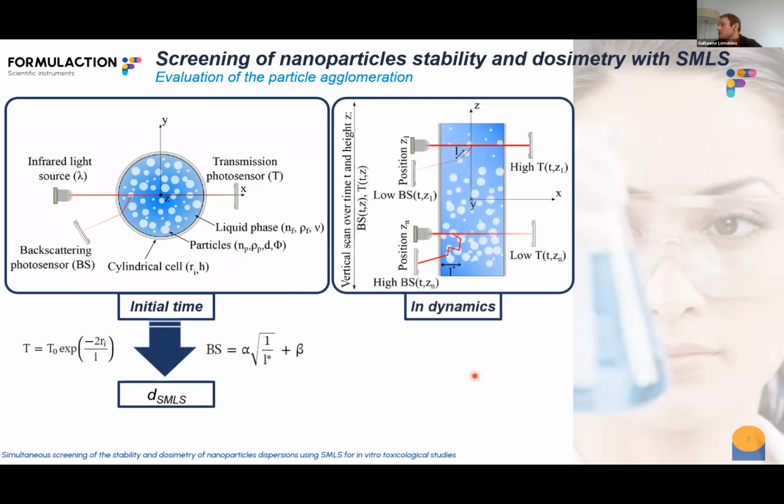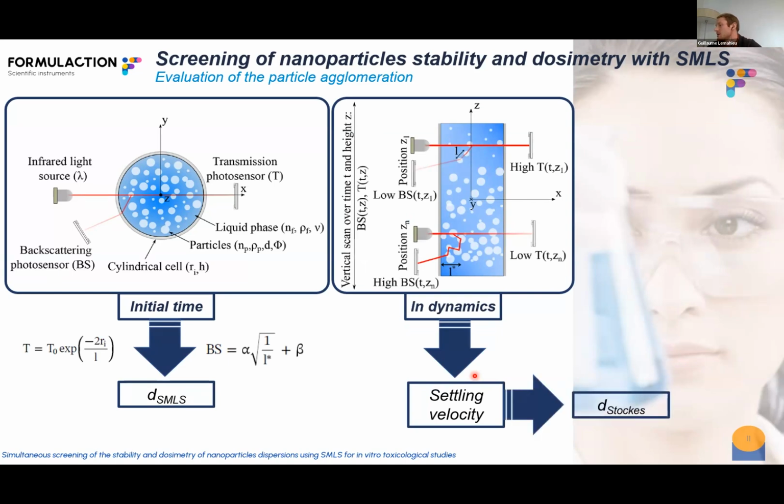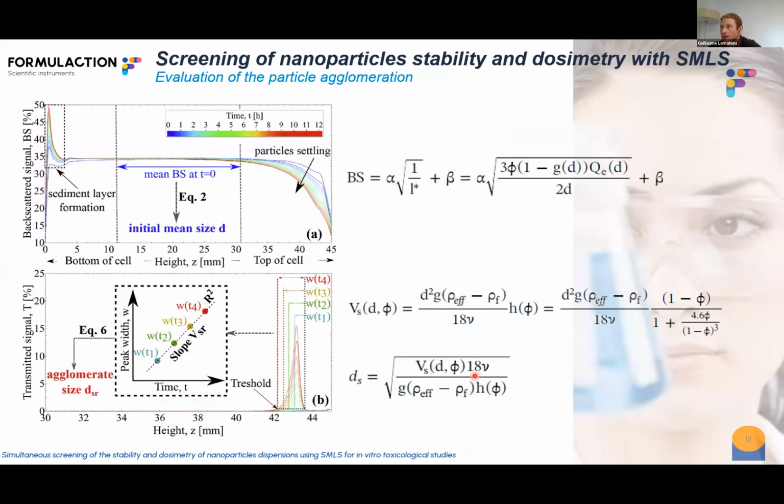Also, you can do it afterwards in dynamic. You let the sample destabilize, and at the end you have a measurement of the settling velocity of particles that can be linked also to a mean particle size, based on the Stokes law and Stokes equations. And if you have a difference between these two diameters, you will have an agglomeration in your samples.